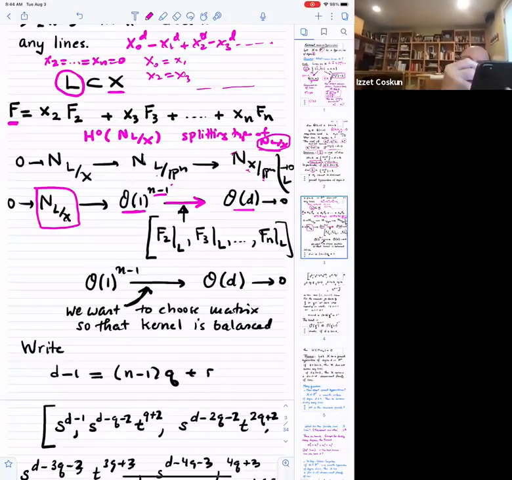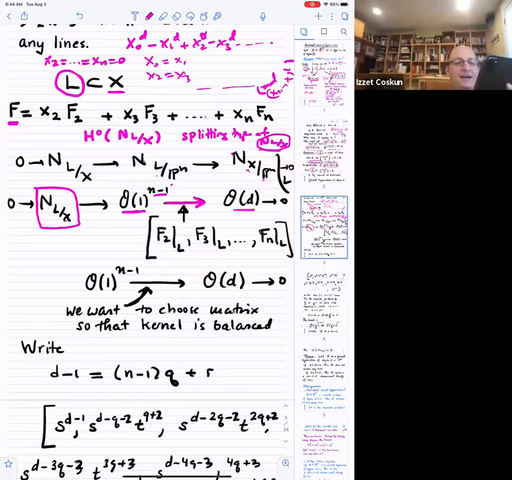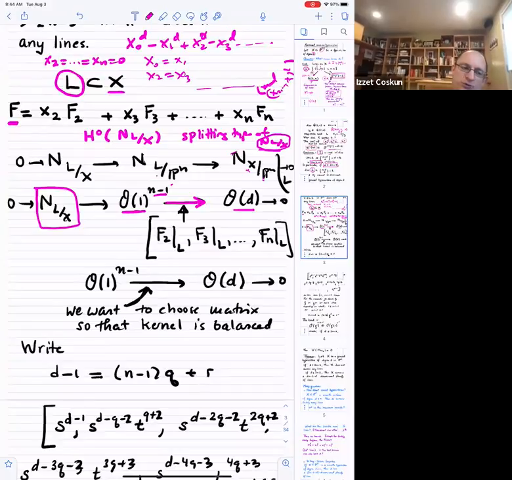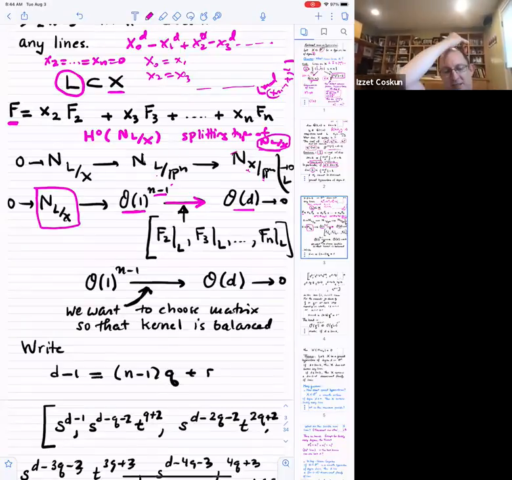Maybe this is not unique, of course, but let me say modulo (x_2, ..., x_n) squared. Then it's unique if you do it modulo that. And now this map is basically given by taking f_2, f_3, ..., f_n and restricting it to the line.